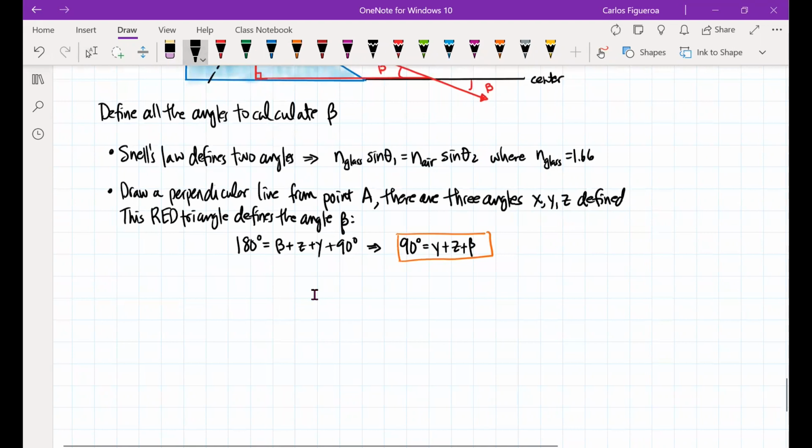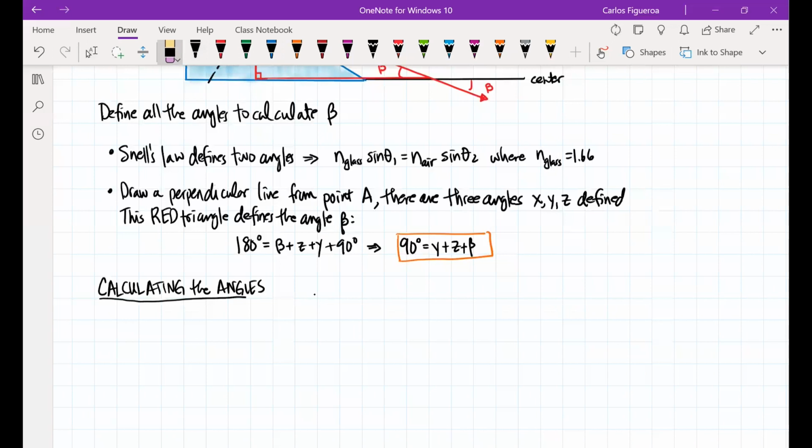Here I go. So now we are calculating the angles. Okay, once again, we know that the sum of all of the angles of a triangle has to equal 180.